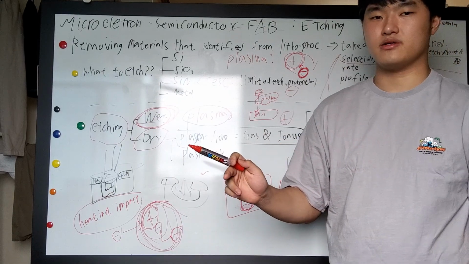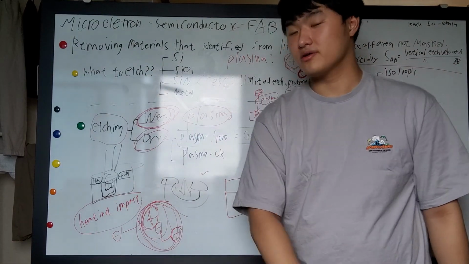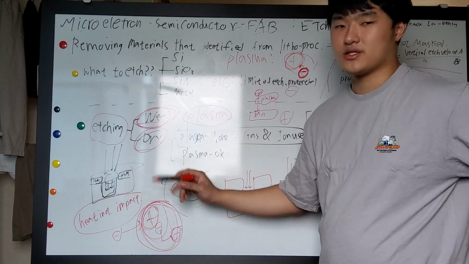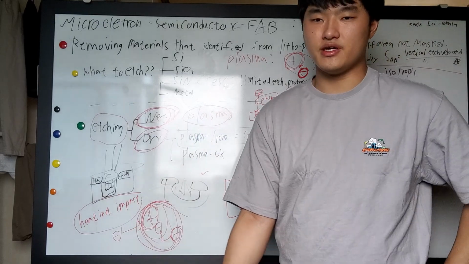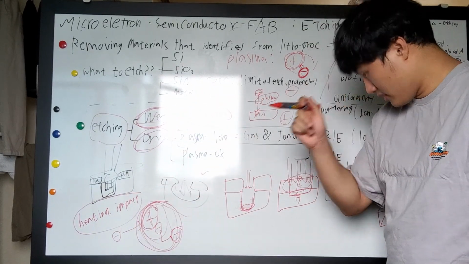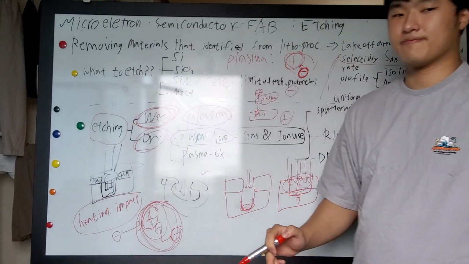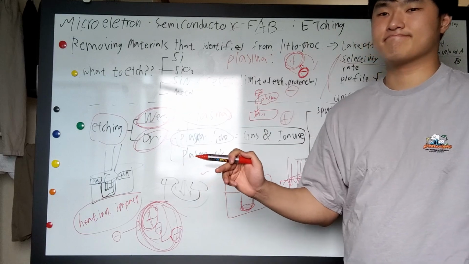And secondly, a dry way. For the dry way, there is the non-plasma way and the plasma way. First, the non-plasma way will use gas and ions.